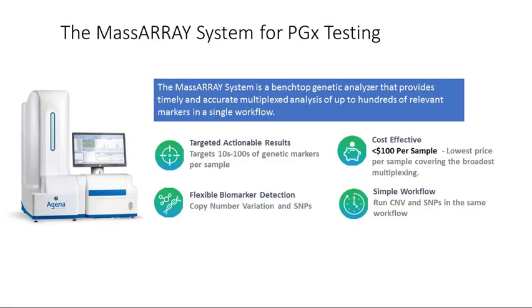So one of the benefits that we have at Manchester is a great relationship with Agena Bioscience, and Dave Miller and the group at Agena was really instrumental in helping us move forward in our platform that we use in our lab. So we're a smaller academic institution. We don't have a CLIA-certified laboratory.